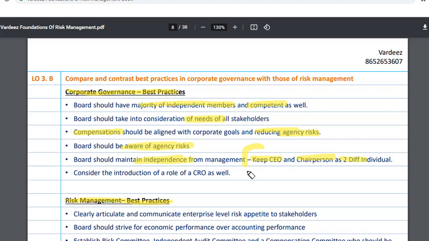So remember this point very well for the exam, and consider the introduction of the role of a CRO. Now the CRO is the Chief Risk Officer, one person who will actually report to the board. So this role of a CRO is also one of the best practices in corporate governance.